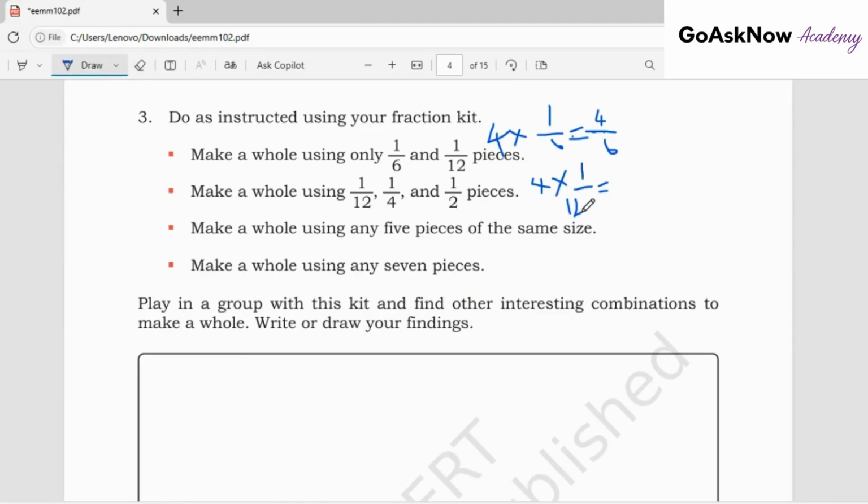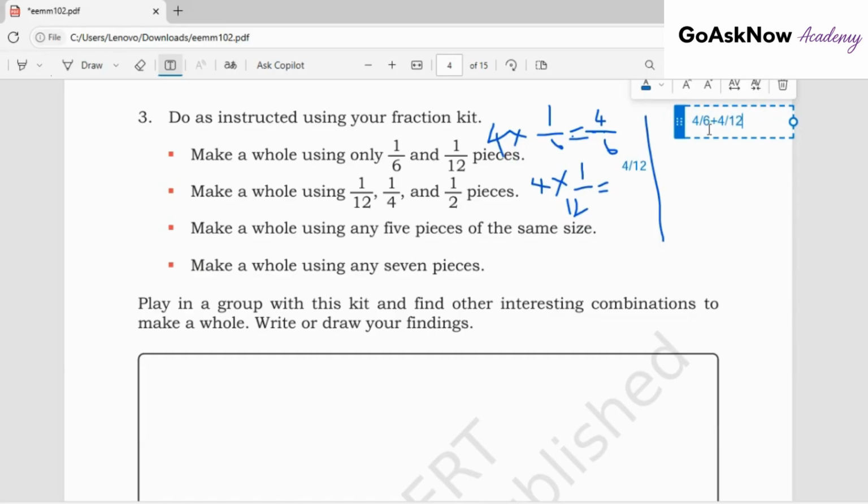1 by 12 is equal to 4 divided by 12. Now, let us calculate 4 by 6 plus 4 by 12.